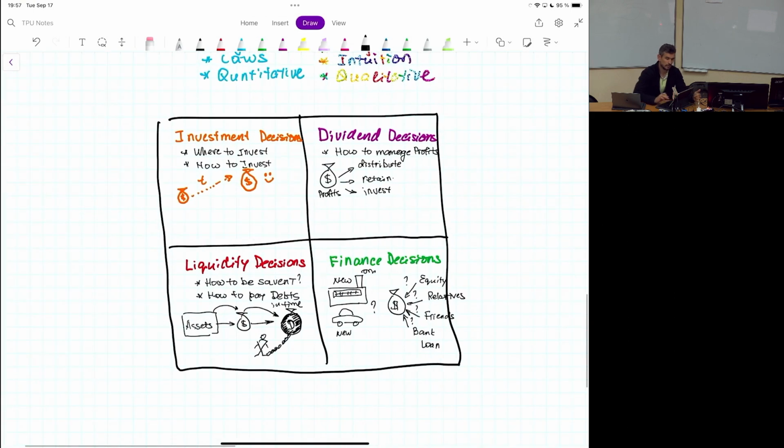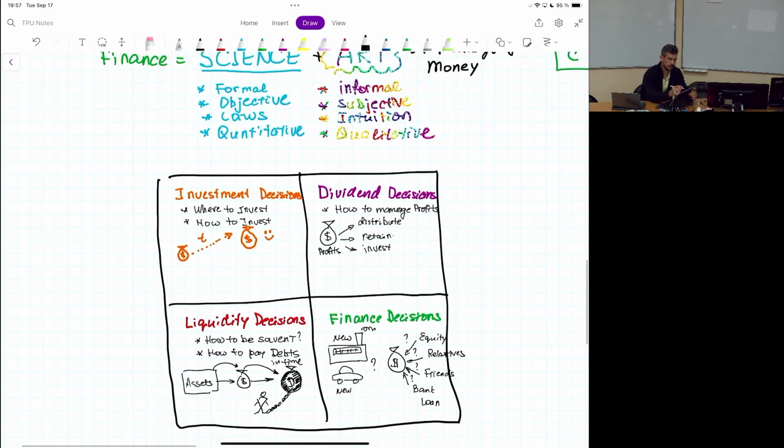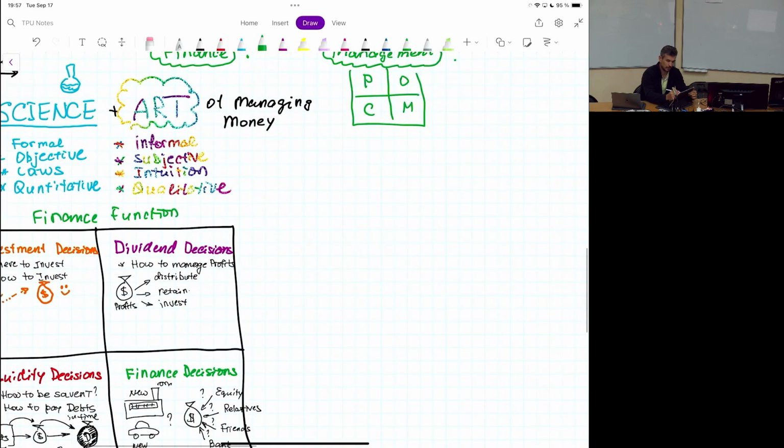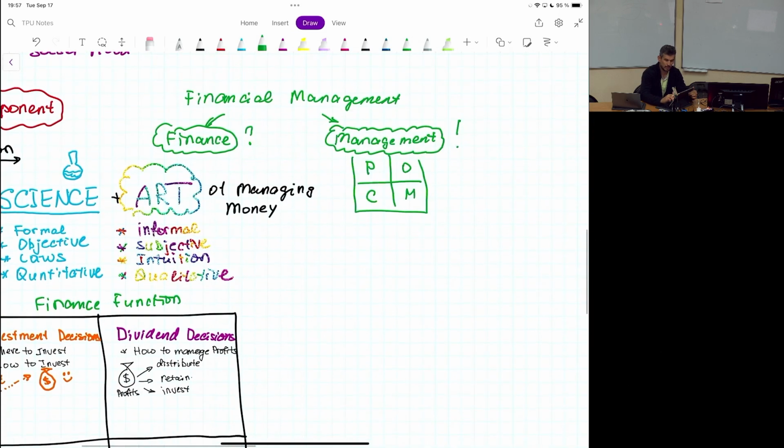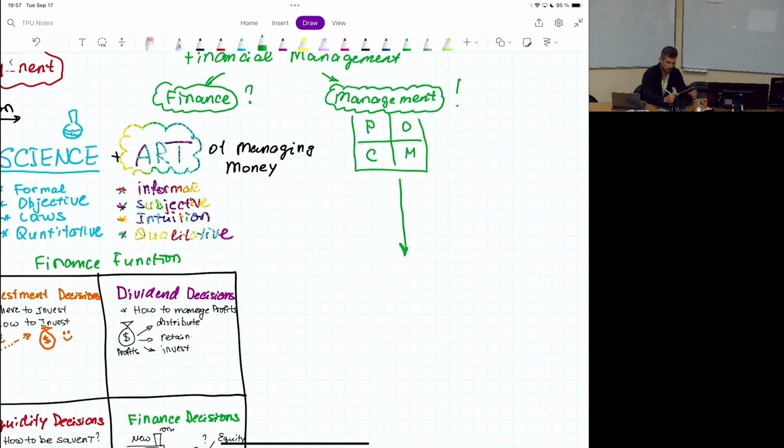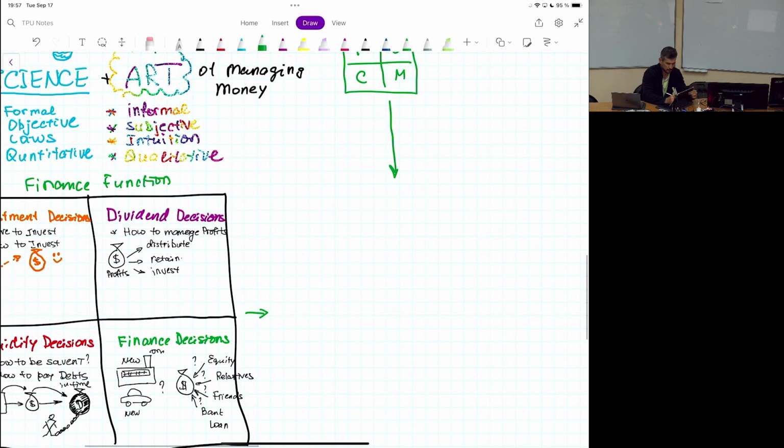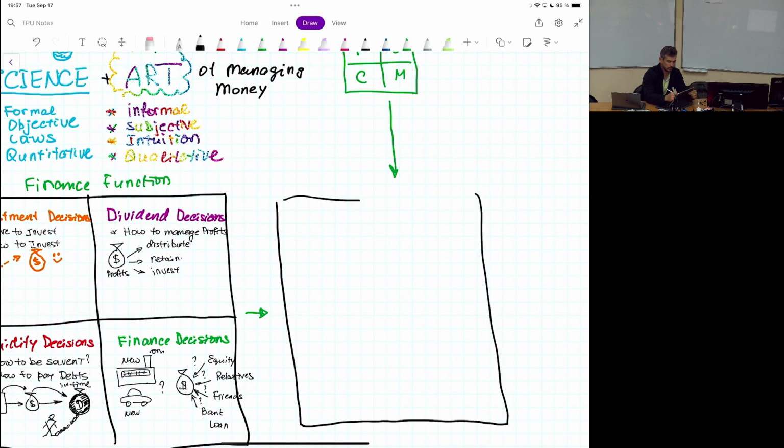So overall, that's what finance functions are about. Now if we try to connect the management functions which were here and the finance functions that were here, we will arrive finally at the overall picture of financial management. And that's the one that you also saw in the textbook.